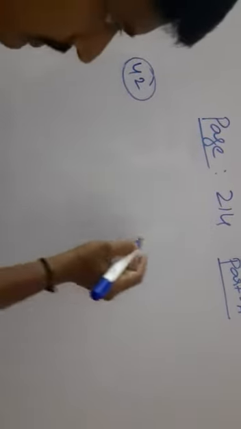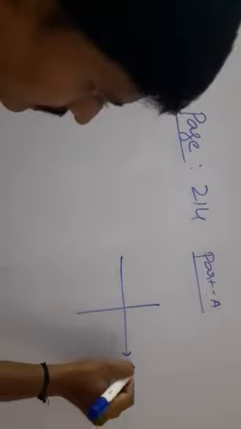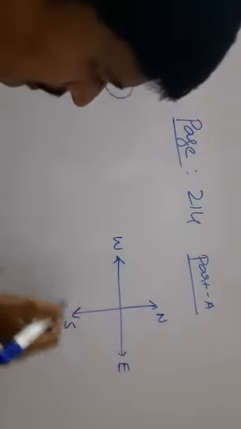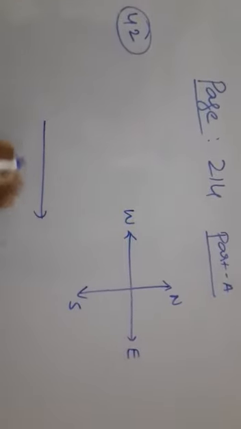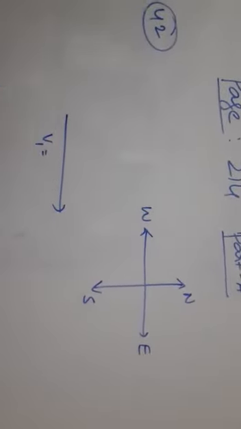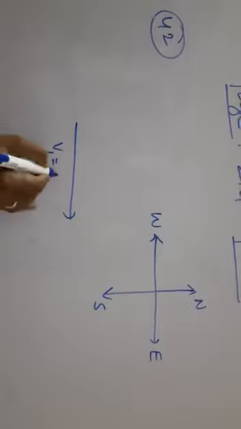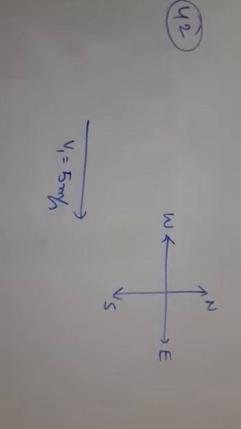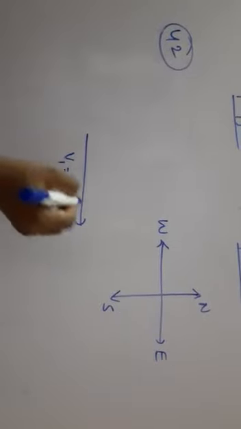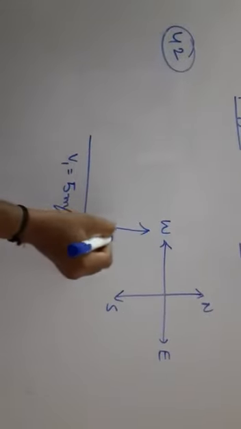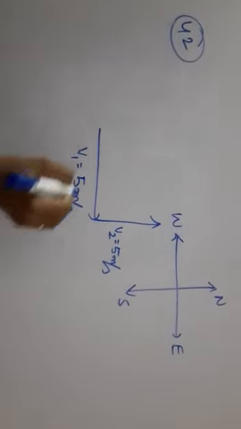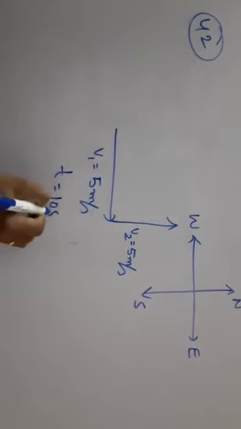Next, a particle is moving eastward with a velocity. This is east, west, north, south. The particle is moving towards east with 5 meter per second. Next, the velocity changes towards north; this is v2, the same, in time t equal to 10 seconds.